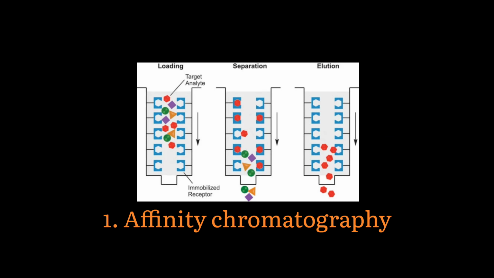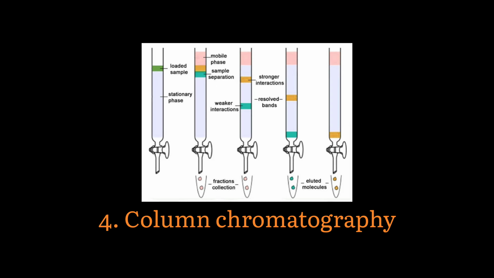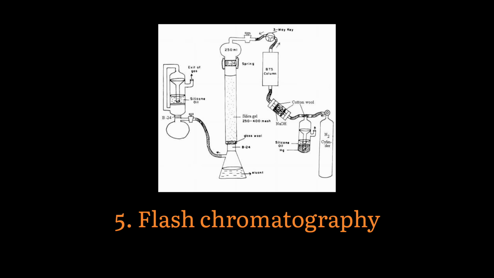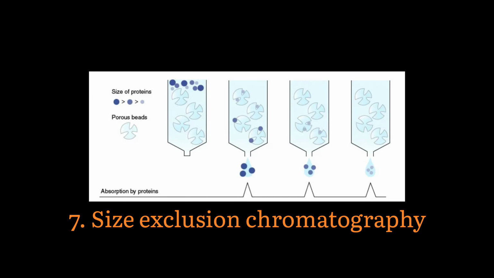Types of chromatography. 1. Affinity chromatography. 2. Anion exchange chromatography. 3. Cation exchange chromatography. 4. Column chromatography. 5. Flash chromatography. 6. Gas chromatography. 7. Size exclusion chromatography. 8.